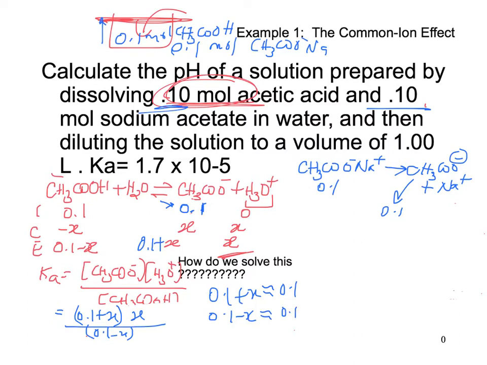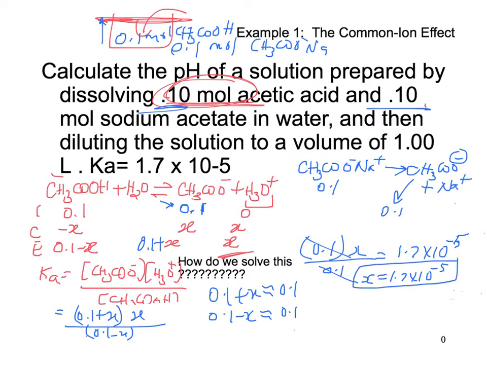And you can say that your equation boils down to 0.1 times x divided by 0.1 equal to 1.7 times 10 to the power of negative 5. 0.1 and 0.1 cancel off, and the value of x comes out to be 1.7 times 10 to the negative 5th.